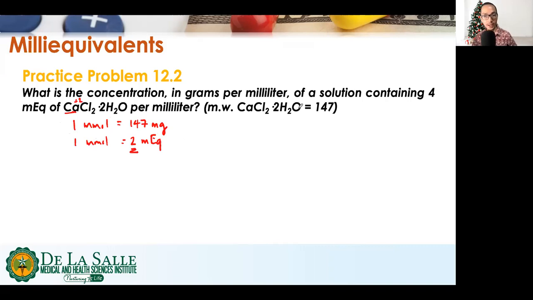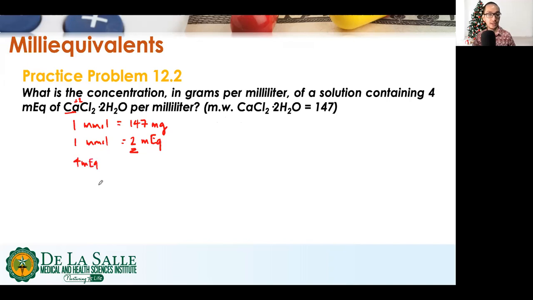Ayan. So, the MEQ is actually being provided by calcium anyways. Okay, so we will base it on the calcium. Next is we will now perform dimensional analysis. So you have 4 MEQ.